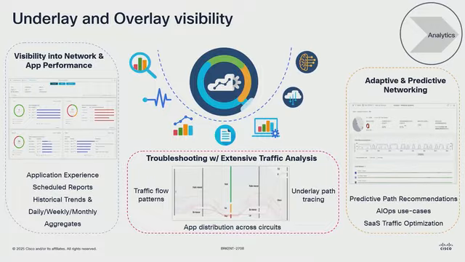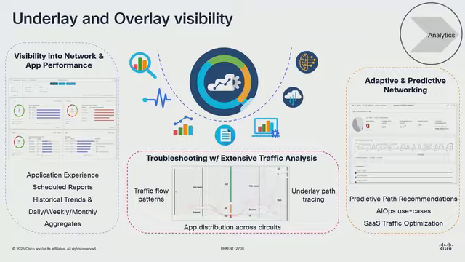We have very sophisticated monitoring here, and then we'll also do something called predictive path recommendations. This one's pretty slick. We patented this. This will even take into account, for example, that every day around noon these traffic patterns change, and we see a link get saturated at the same time every day. People are on lunch, maybe they're all watching Netflix or something, right?